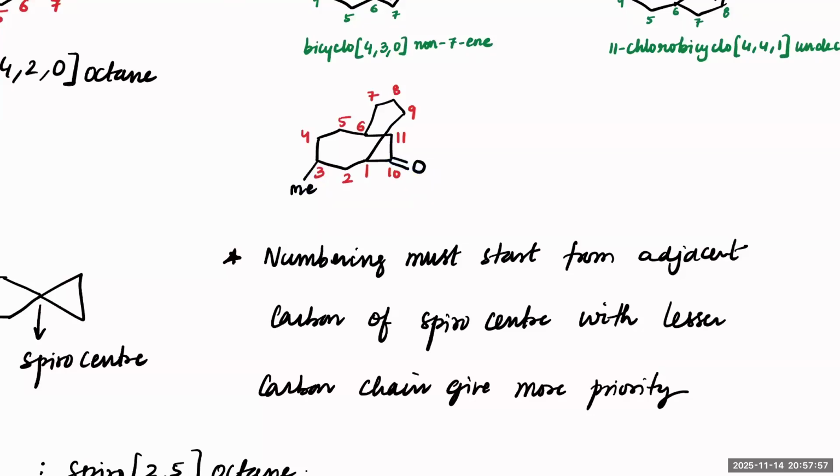Suppose if at all I write the other way around, like this. If I go this way, 1, 2, 3, 4, 5, 6, then 7, 8, 9, 10, 11.